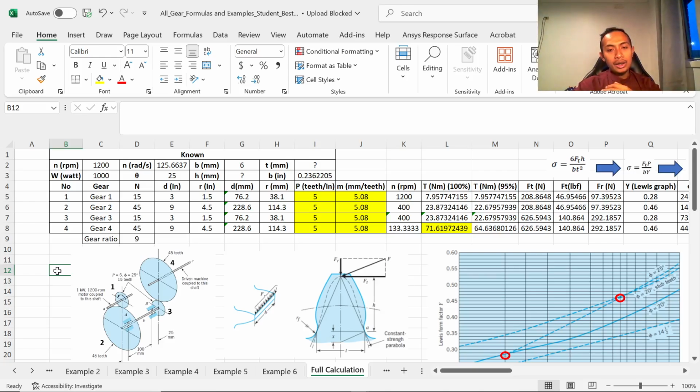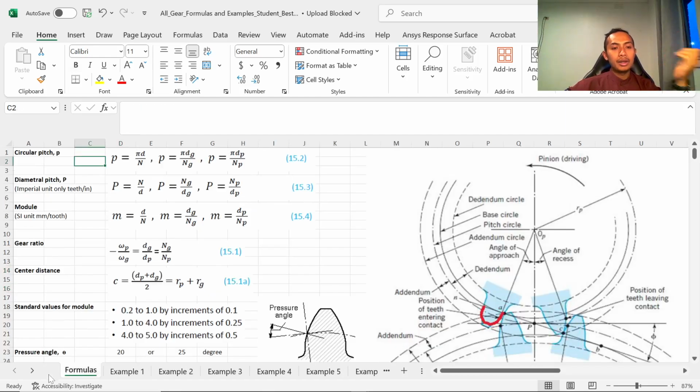In designing gears and gearboxes, we need to know how safe our gearbox system is, and it depends on the most critical part inside. For example, if one of the components is critical, we need to know how critical it is. So this will be about how to design the gear in detail.